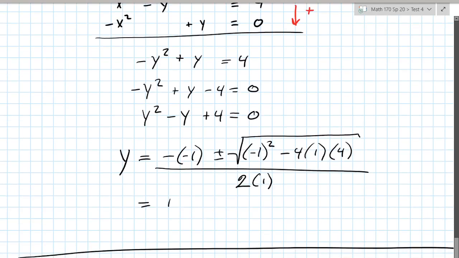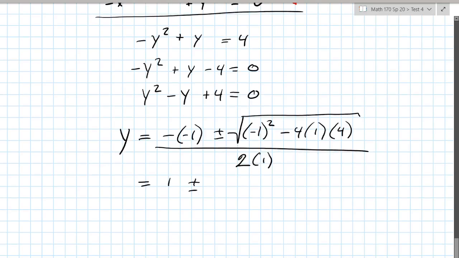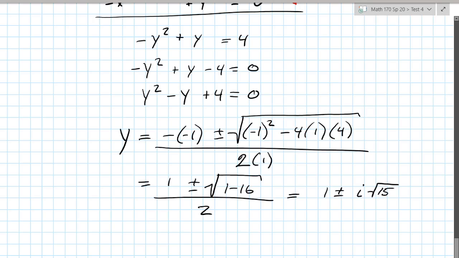So here we're just going to do some order of operations, combine some like terms. 1 plus or minus the square root of 1 squared is 1. 4 times 4 is 16 times 1 is 16. So I have 1 minus 16 and then all over 2. So this is 1 plus or minus negative 15 under the square root. So that's i, the square root of 15, all over 2.